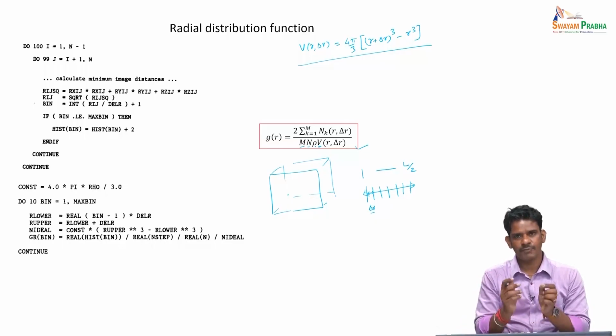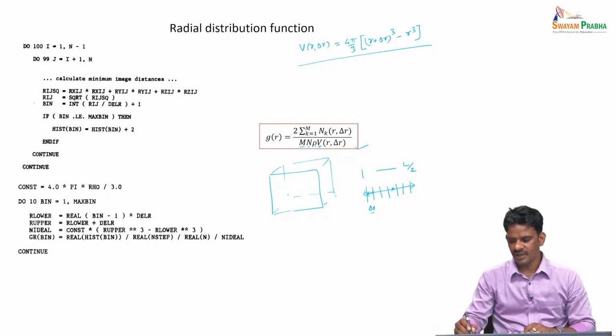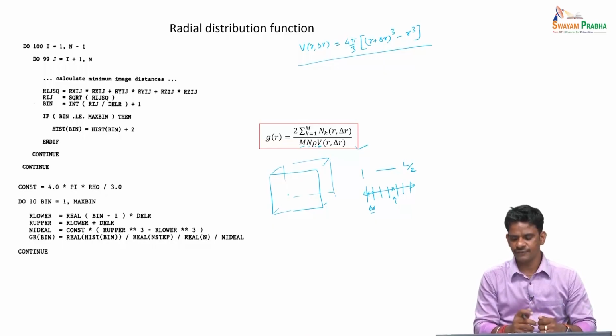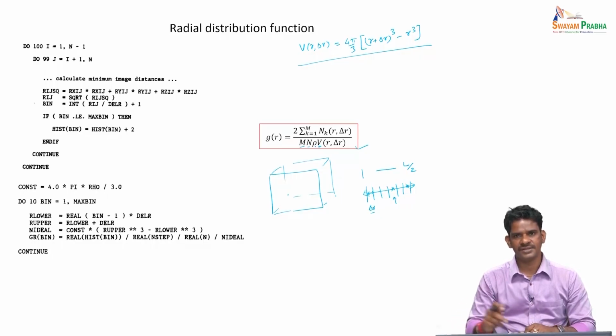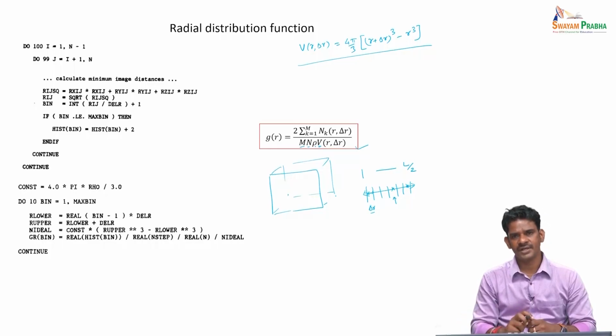Whenever a pair of particles has a distance which falls in a particular bin, we increment the number of particles in that bin. Similarly, for another pair whose distance falls somewhere else, we count it in that bin. By doing this counting operation, we can make a histogram of the number of particles at each distance, and that is what is being done in this algorithm.